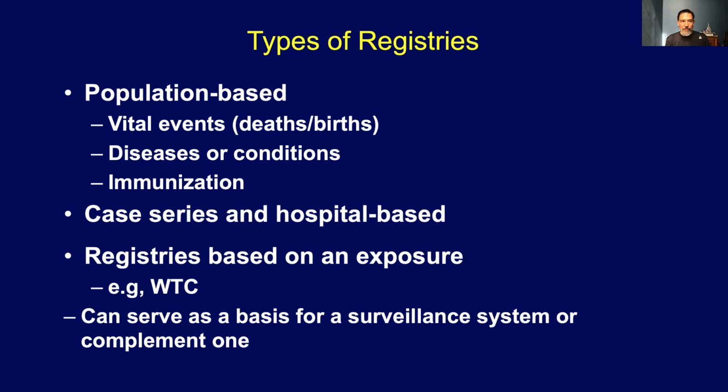Immunization is an example of that, but there's also a World Trade Center registry, a registry of individuals who were exposed through their proximity to the World Trade Center attacks on 9/11 here in New York City. It includes a lot of people who were exposed occupationally, but also people who were there in the immediate aftermath of the attack. But these registries can all serve as the basis for a surveillance system, or they can complement one.